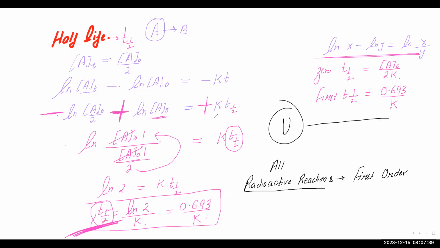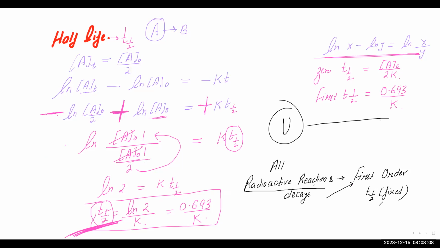They all are radioactive. And all these decays are called radioactive reactions or decays. The nucleus is undergoing a decay, a breakdown. They all are of first order kinetics. So their half-lives are fixed, right? We are good with this?